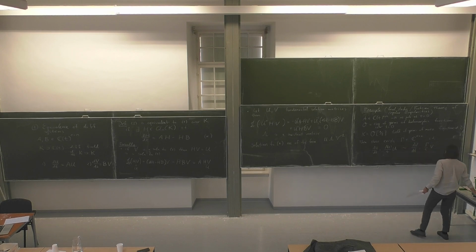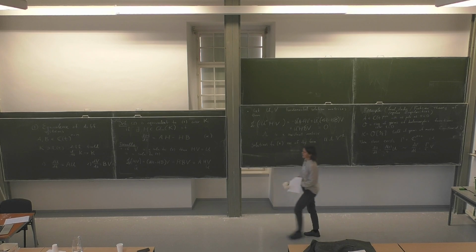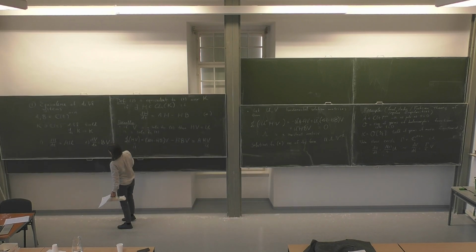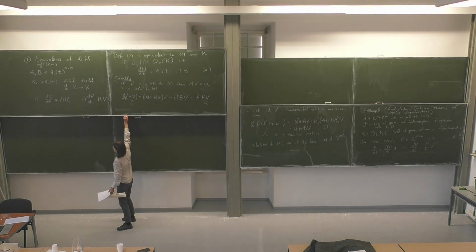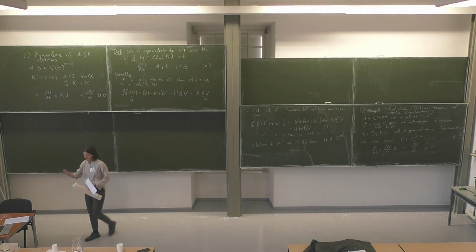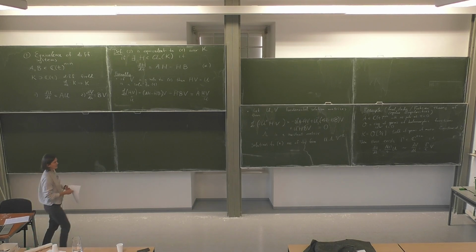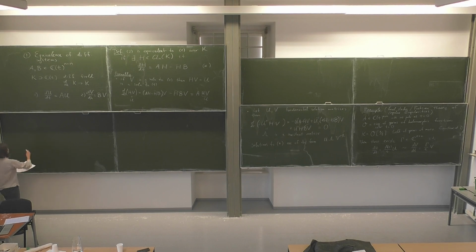This constant matrix gamma is not unique, but we can consider the monodromy around t equals 0. And this is what defines the conjugacy class of the monodromy matrix, the equivalence class of a regular differential system.